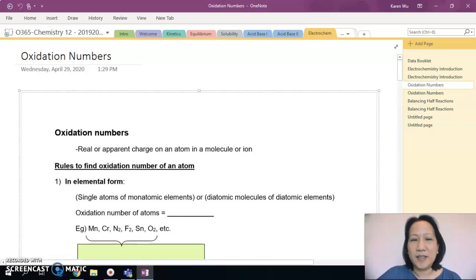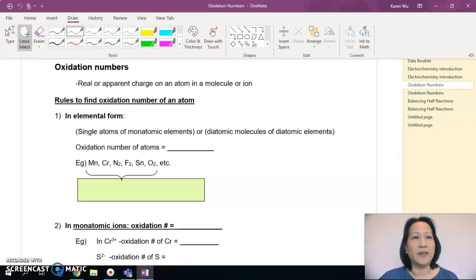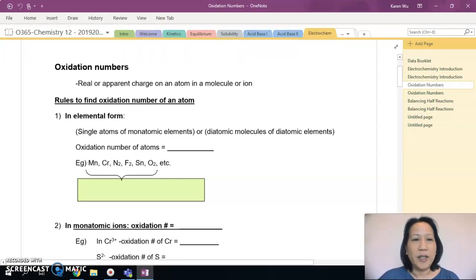Okay. Oxidation numbers are real or apparent. Usually you and I think of oxidation number as charges. So for example, when we take a look at these elements, of course, these elements have no charge, so their oxidation number is 0.